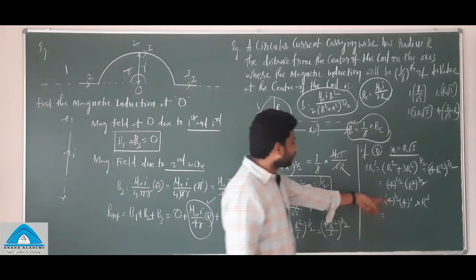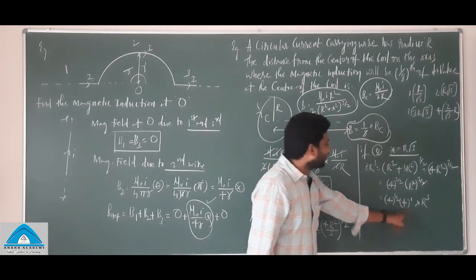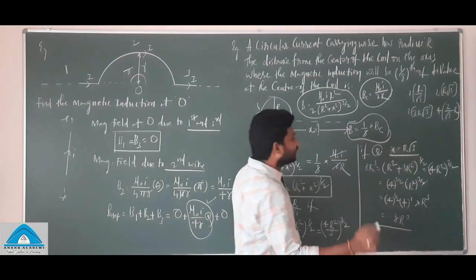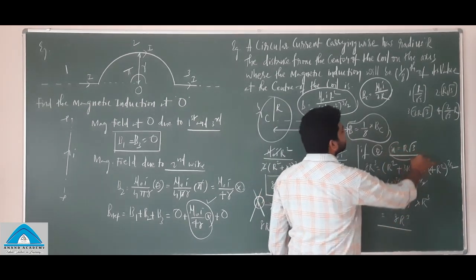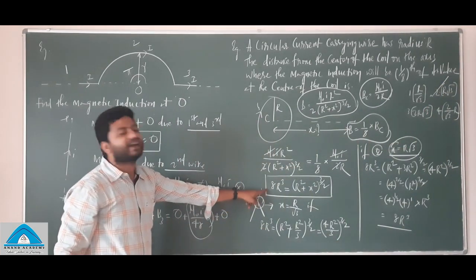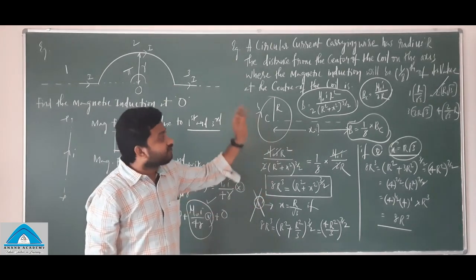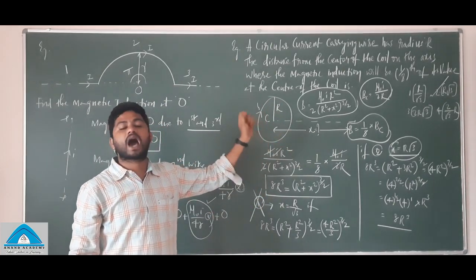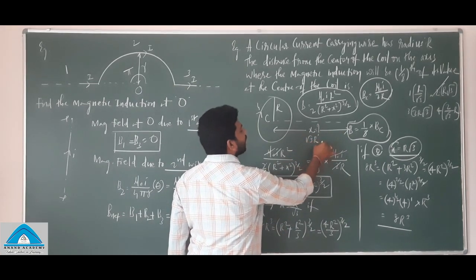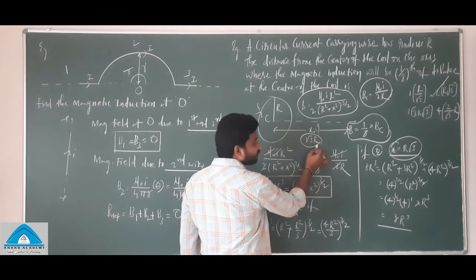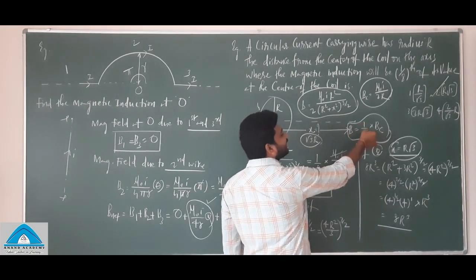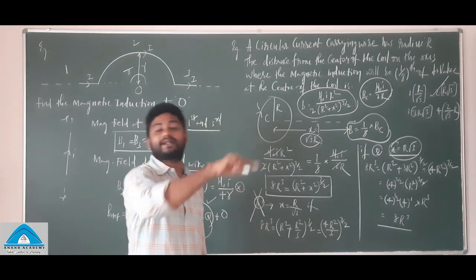Root 4. Root 4 is what? 2. 2 into 4, 8. 8 into r cube, 8r cube. Understand? When you substitute x as r root 3, the equation is satisfied. So when x is root 3 r, at this distance the magnetic field induction will be 1 by 8 times that at the central value.